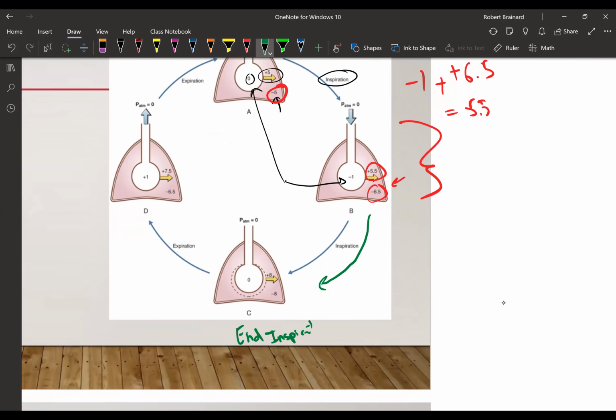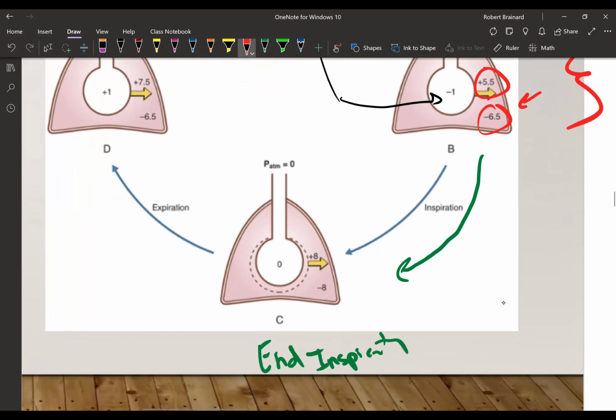So at the end of inspiration, the lung is stretched to its maximum, or at least in this diagram, to the maximum that it's going to be in this diagram. And it's stretched more, so intrapleural pressure is going to be at its most negative compared to atmospheric pressure, right? And that's a -8. Now we said at the end of inspiration, no more air is moving.